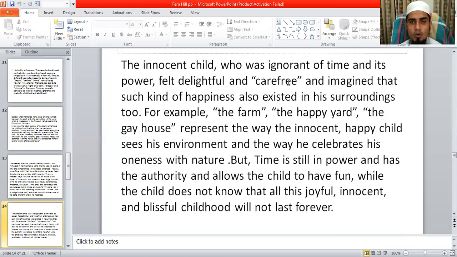The innocent child who was ignorant of time and its power felt delightful and carefree and imagined that such happiness also exists in his surroundings. So, for example, the farm, the happy yard, the gay house represent the way the innocent, happy child sees his environment and the way he celebrates his oneness with nature.